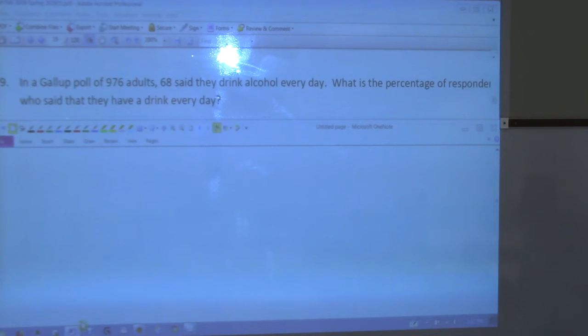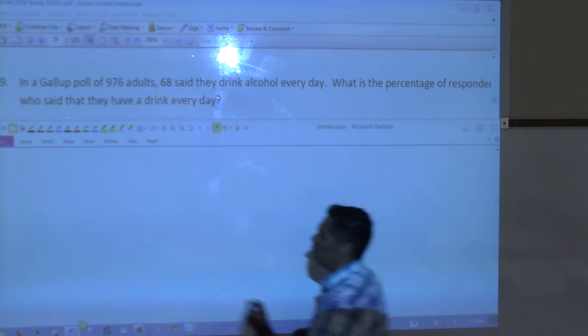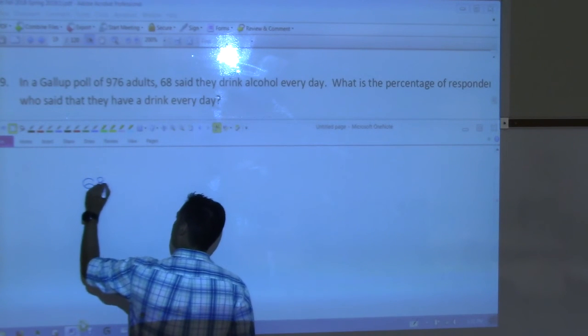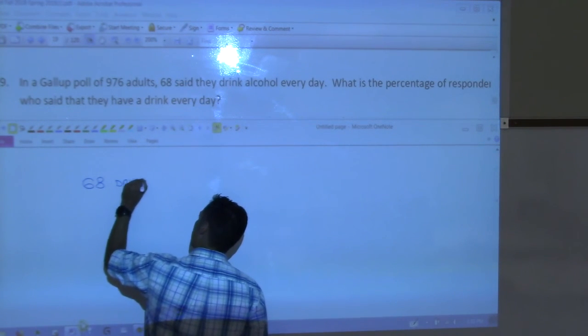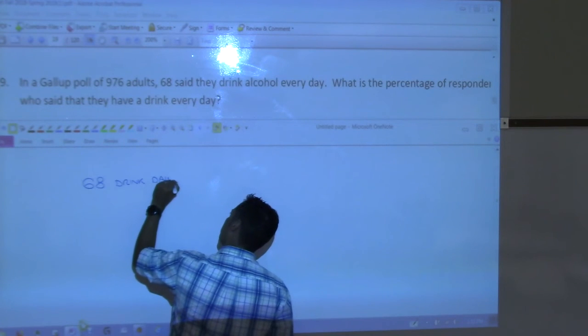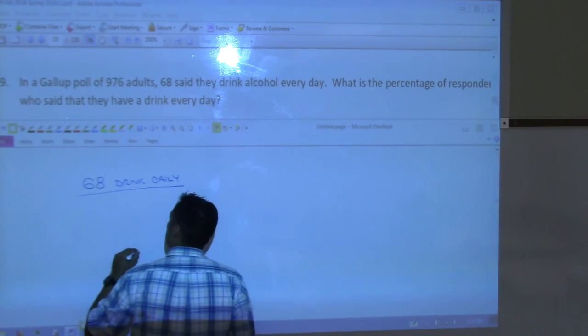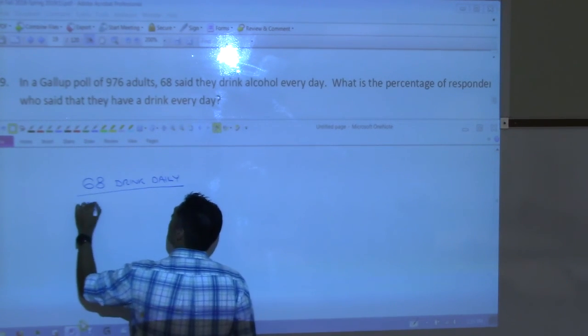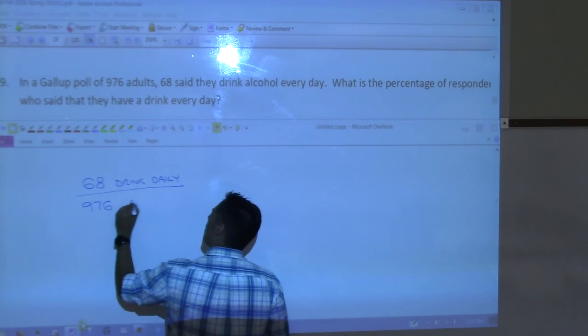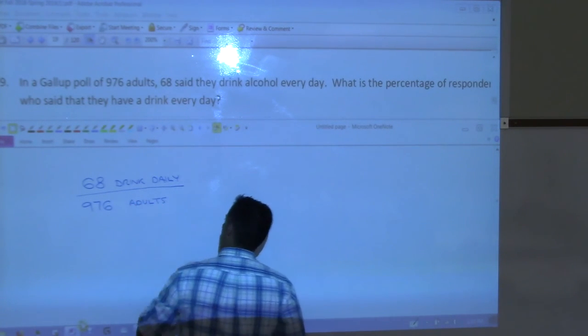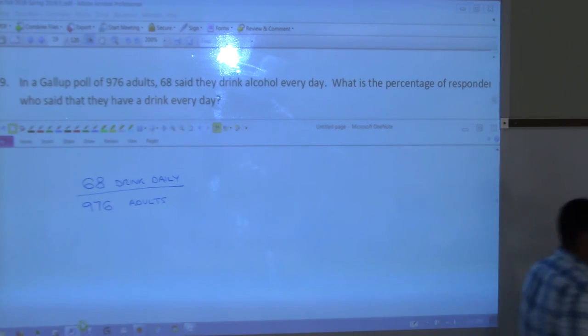So this is not a complicated or difficult problem. All you're trying to do is figure out what percentage say they actually drink every day. So this is kind of like the iPhone problem we did to start this whole idea out. You want to make a fraction of the number of people who drink every day, right? 68 drink daily, divided by what? The total number that you have in the poll. And whatever that is as a decimal, you then convert to a percentage.